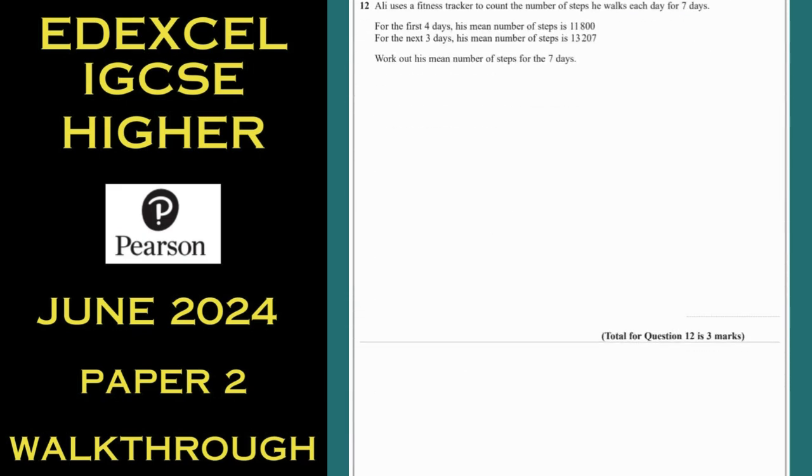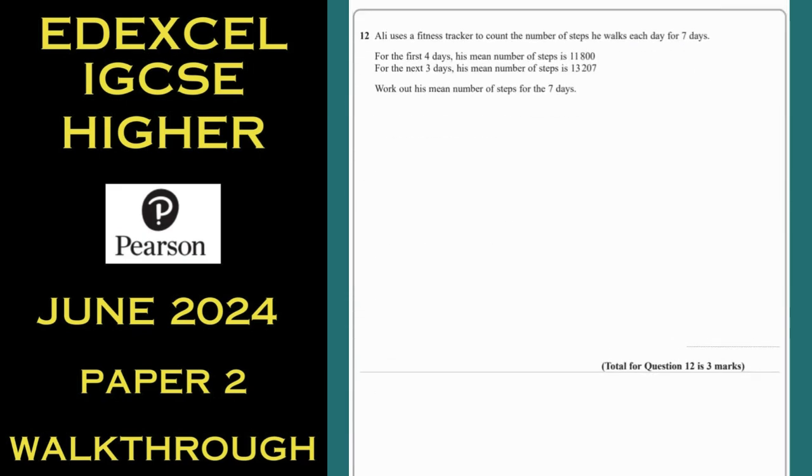Onwards. Number 12, Ali uses a fitness tracker. Great. So, on the second line down, 4 days, the mean number, so we want the total. So we're going to multiply 4 by 11,800. 47,200 steps.